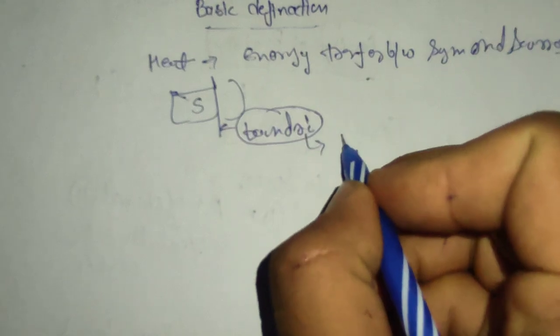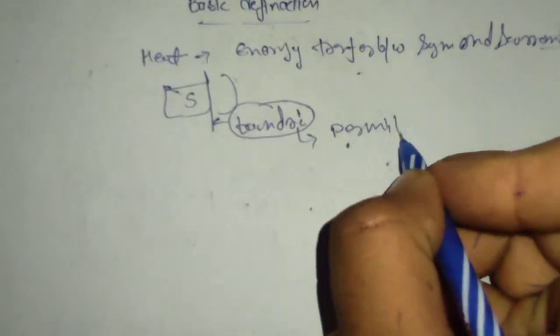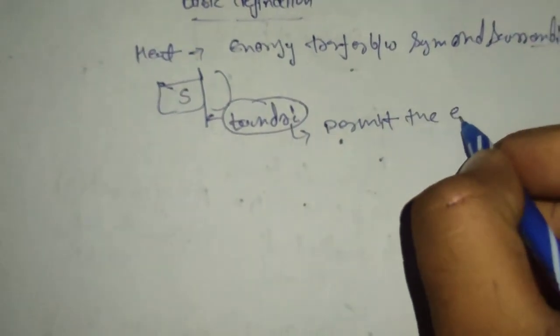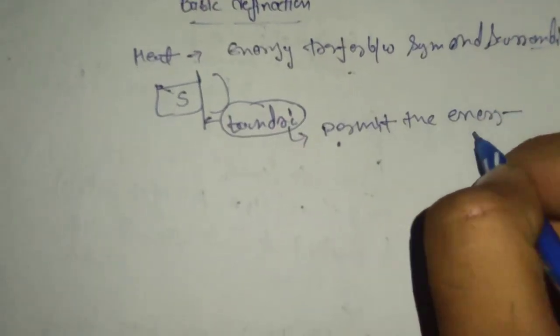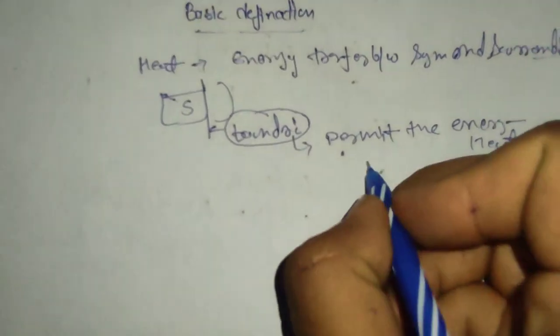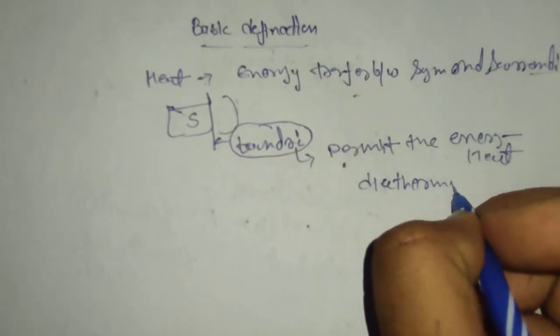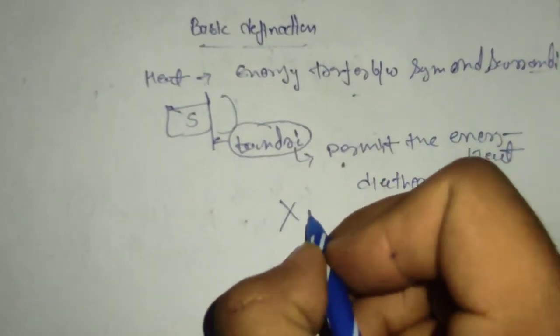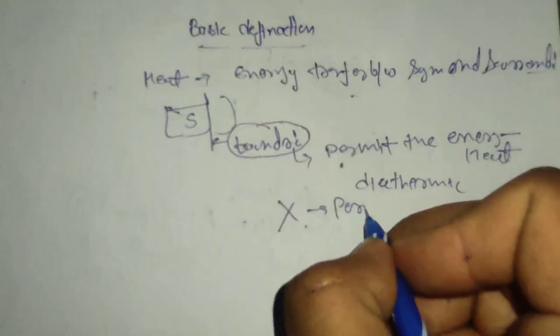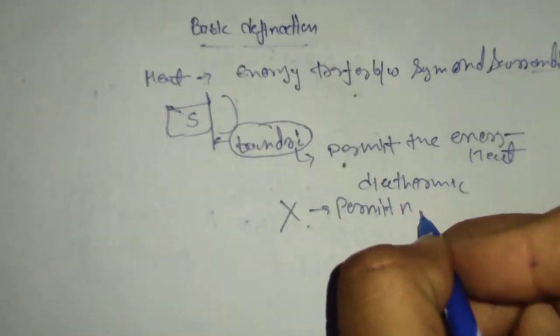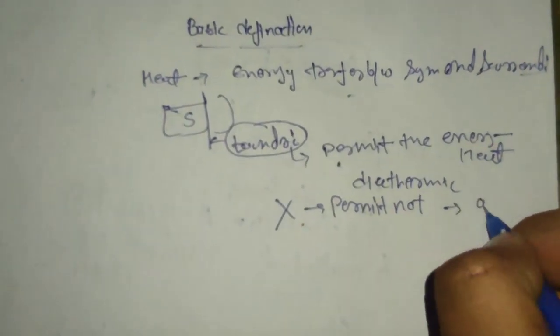If the boundary permits the energy, basically the heat, it is diathermic. If it does not permit, it is adiabatic.